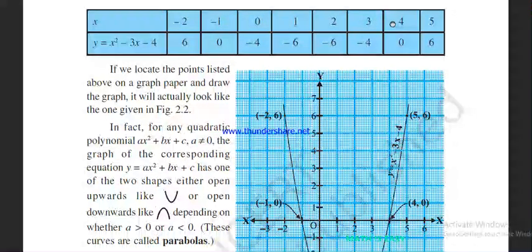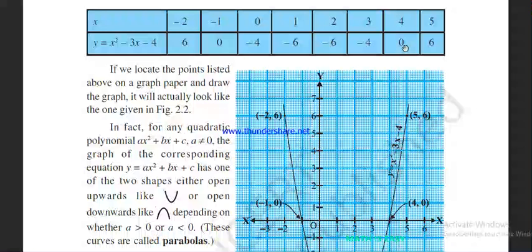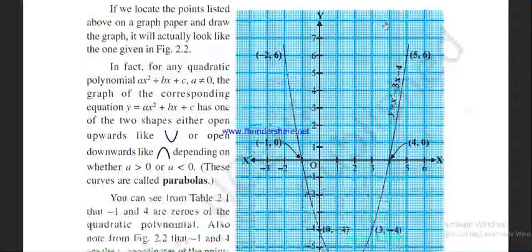If I substitute x value as 4, then p of 4 value is 0, that is, y value is 0. So if I use splitting the middle term for this polynomial x square minus 3x minus 4, my solutions are going to be minus 1 and 4. You see the graph. When I represent on the graph, it is intersecting at minus 1 and at 4.